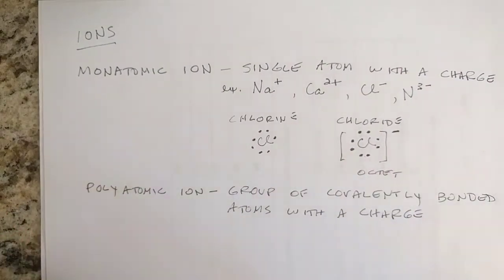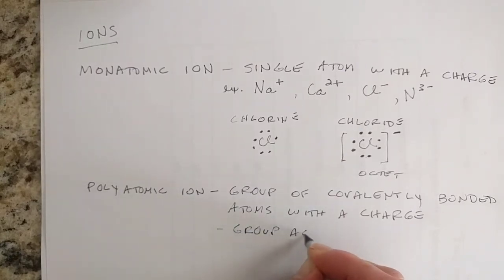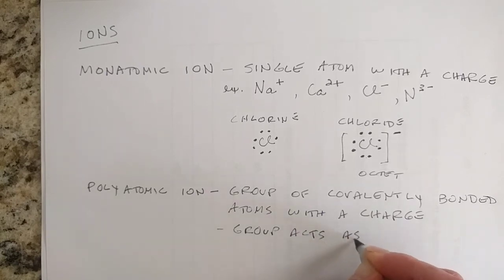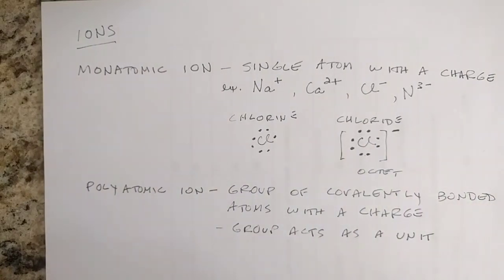And the whole group acts as a unit. So when ionic compounds are made, the whole polyatomic ion group acts just like a single ion does.